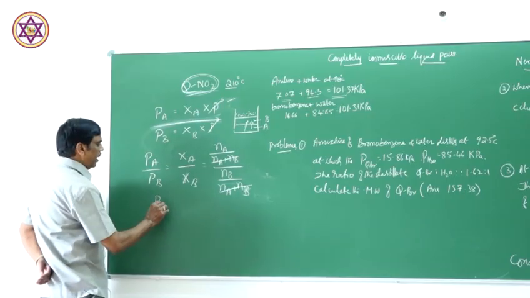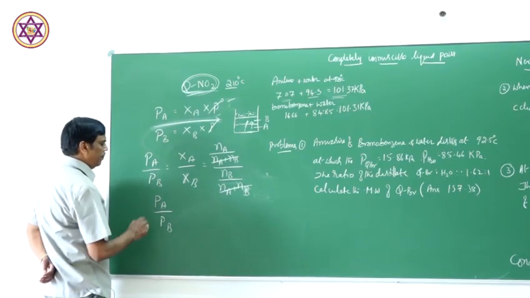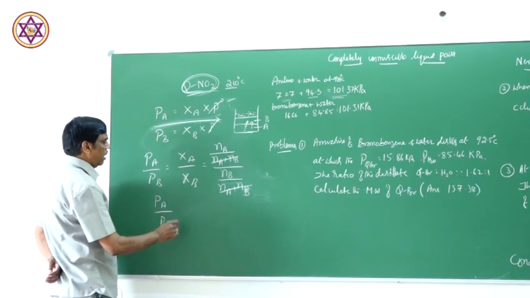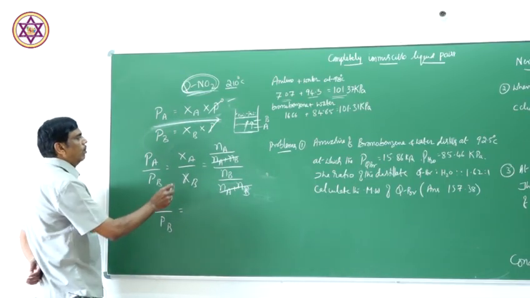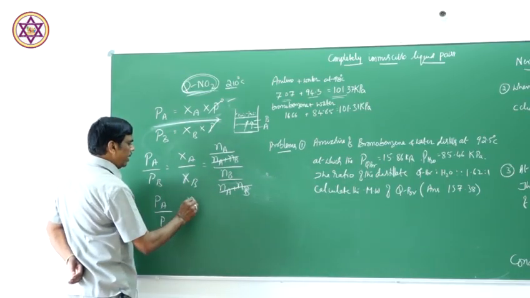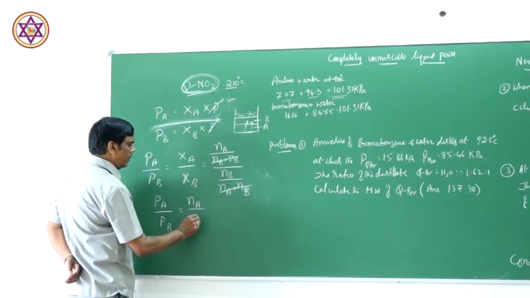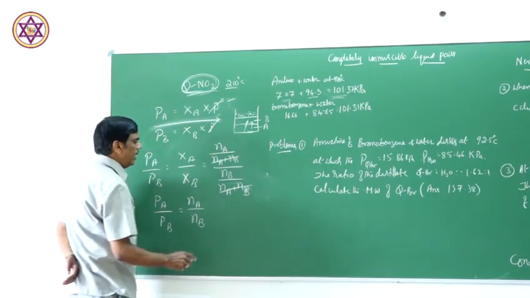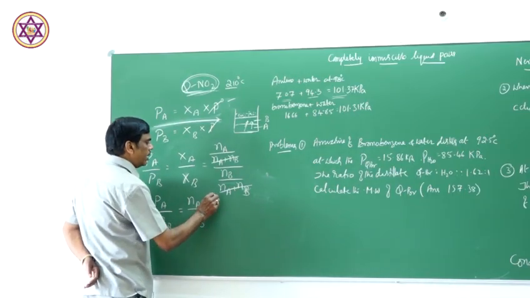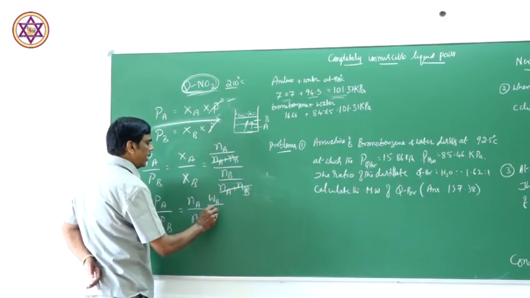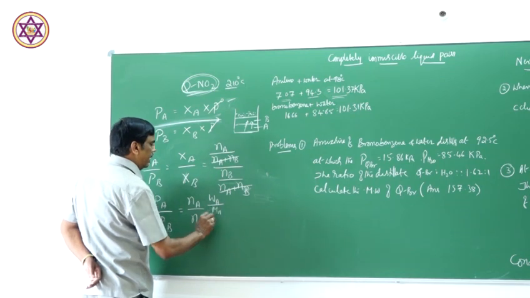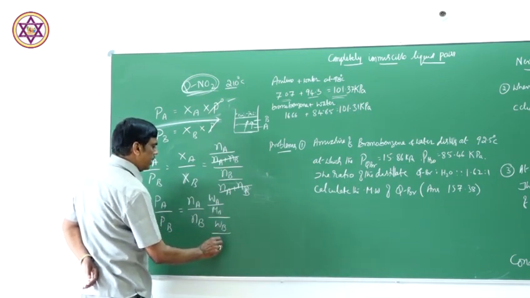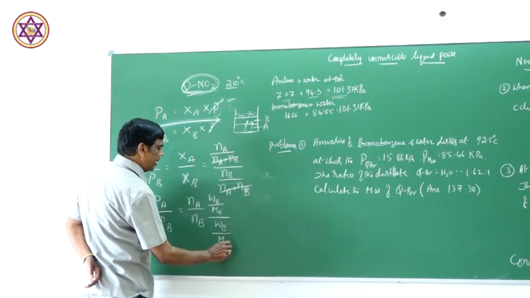Therefore, Pa by Pb, partial pressure of the component A divided by partial pressure of the component B, is equal to Na by Nb, number of moles of A divided by number of moles of B. Number of moles is nothing but weight of A divided by its molecular weight, divided by weight of B divided by its molecular weight.